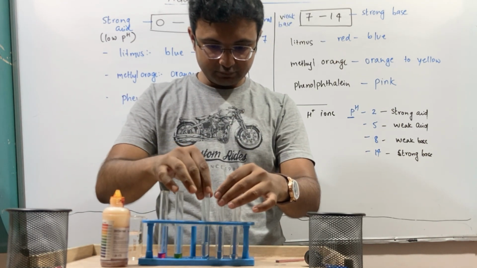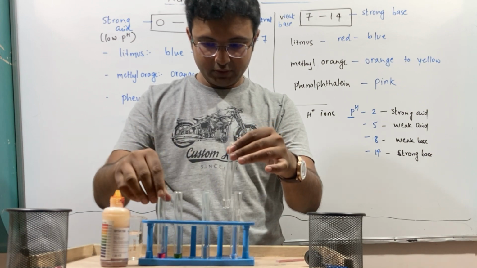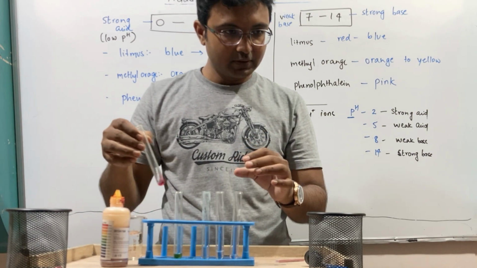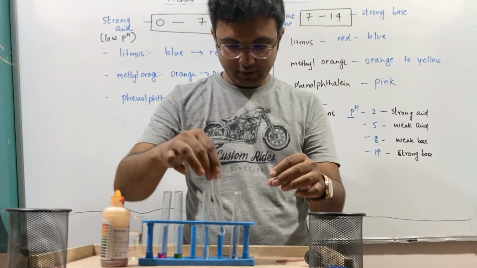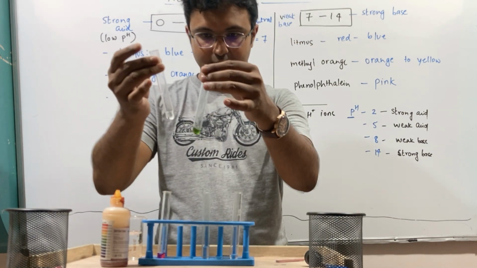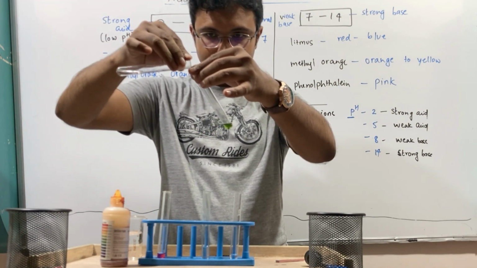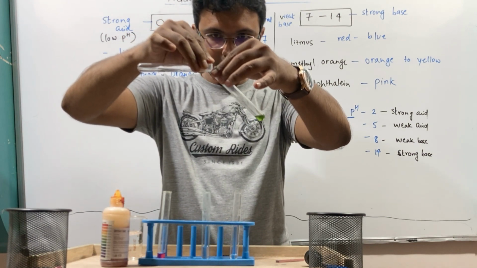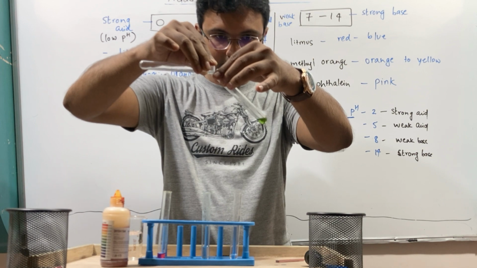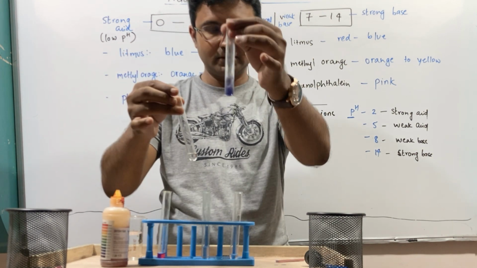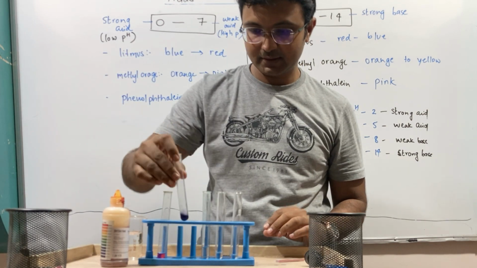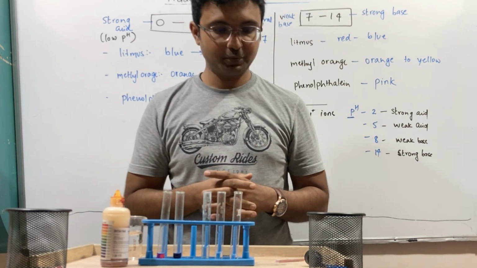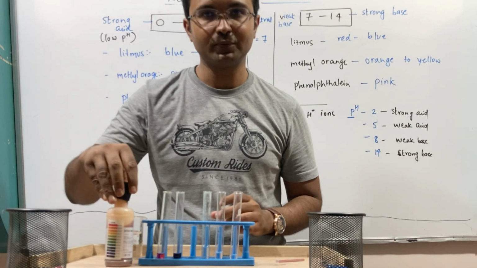Similarly, I add this basic solution to the universal indicator, oh, it has turned violet, that means it is a strong base. I hope that this much part and concept is clear to you. Alright, thank you.